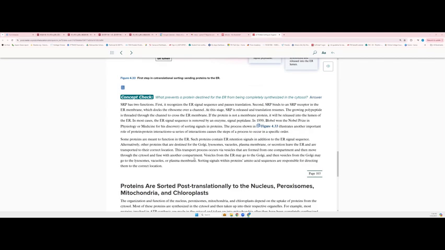For other organelles, after the protein is synthesized in the ER, it leaves the ER and is transported by a vesicle. The vesicle is more like a truck. It can move the protein from the ER into its other designated organelles.